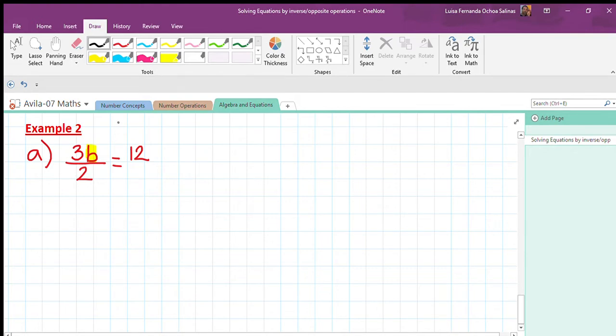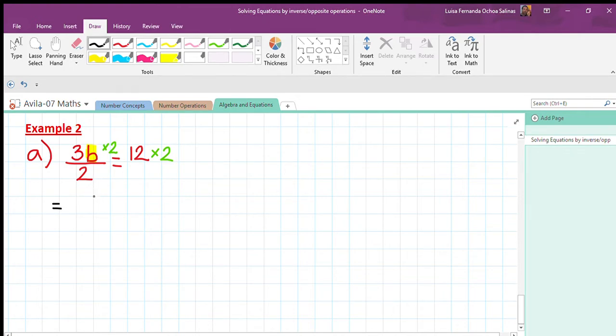So how do I do this? This goes to the first principle that I explained in the first video. I have to do the same thing on both sides. So how do I undo this divided by 2? I have to multiply by 2 here, and I have to multiply by 2 here. Girls, get used to using this in your books. Look that I'm going to work downwards.